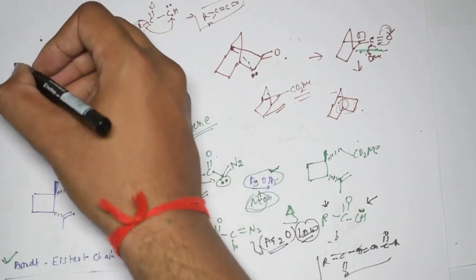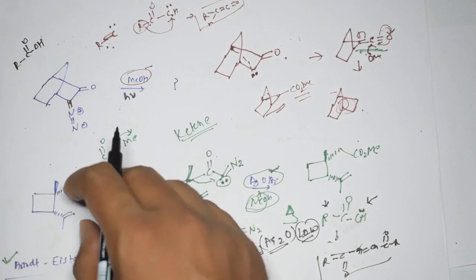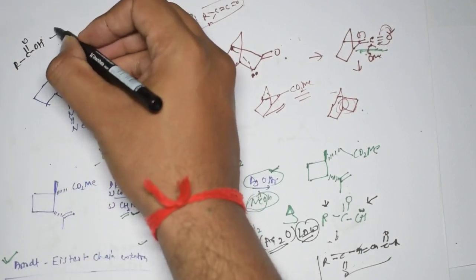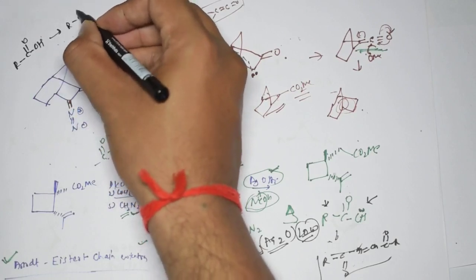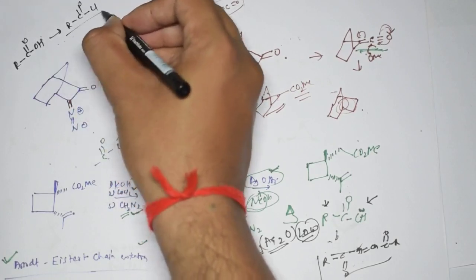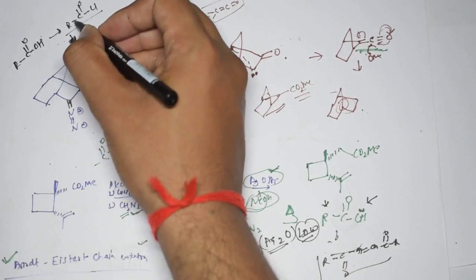Let's take the example of an acid. If we have RC=OH, I can convert it into RC=O with Cl, using a chlorinating agent such as SOCl2.